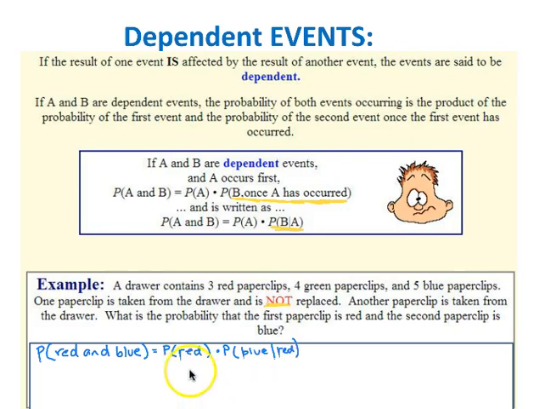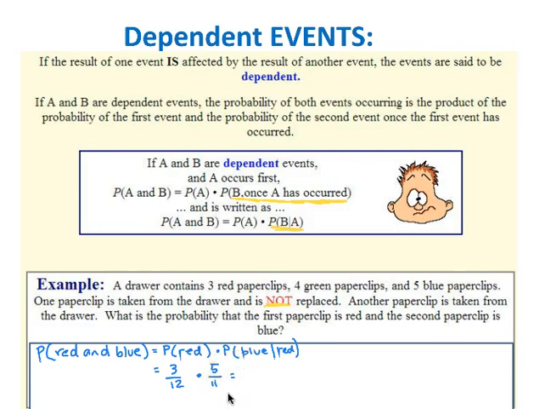All right, so what is the probability of choosing red? Well, we already did this, right? Red is 3 out of 12. And then what is the probability of choosing blue? Well, how many blue are there? There's 5, but how many are we choosing from now? Because we were holding on to that first paper clip, now there's only 11 to choose from.